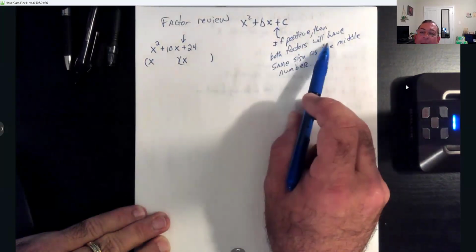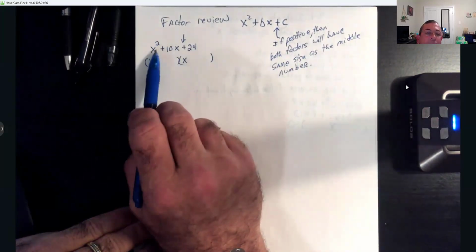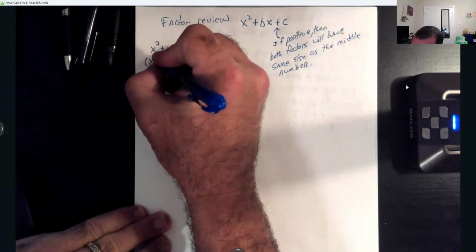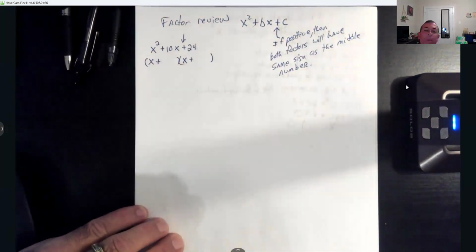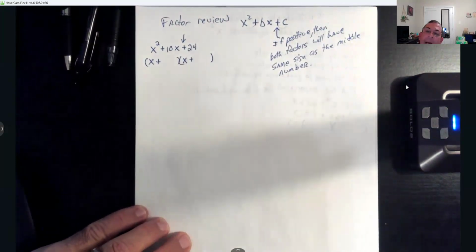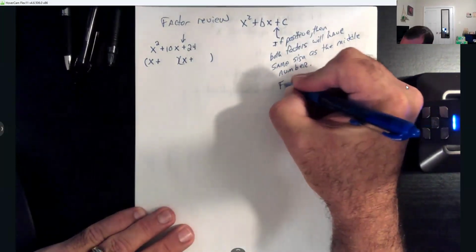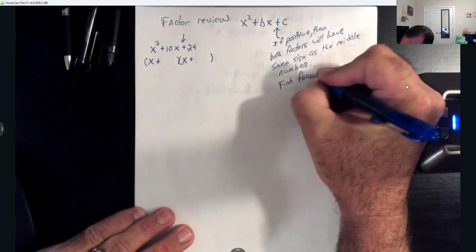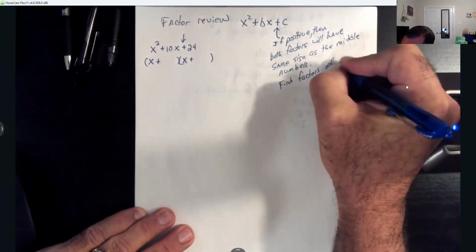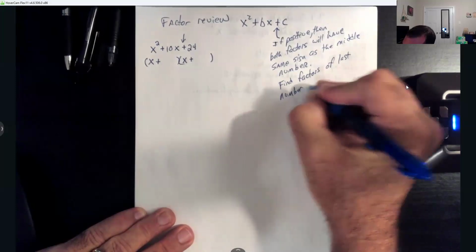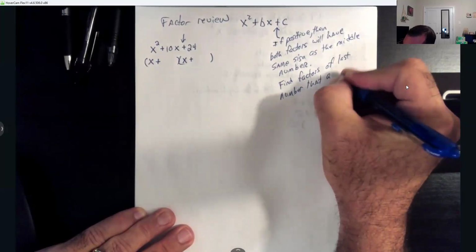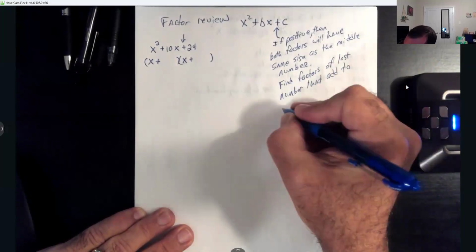We just said both factors will have the same sign as the middle. Well, the middle's positive. That means both of these factors will be positive. Now the second thing, find factors of the last number that add to get the middle number.